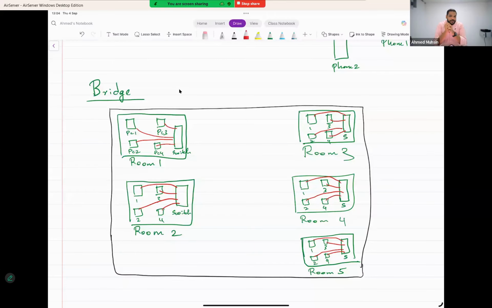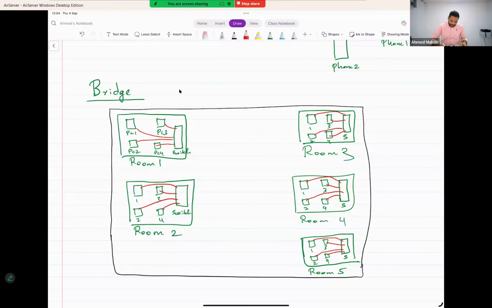So then what you can do is you can now connect these tiny LANs all together using a bridge. While you are writing, can you tell me what is the difference between a bridge and a gateway? A gateway can connect to different networks, LAN to WAN, but a bridge can only connect similar networks together. Okay.